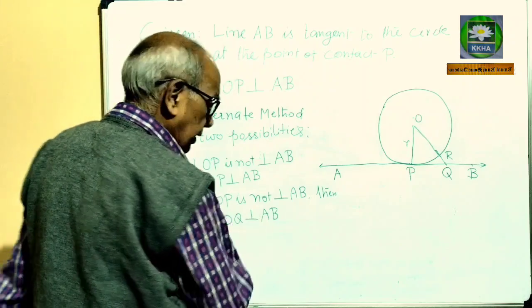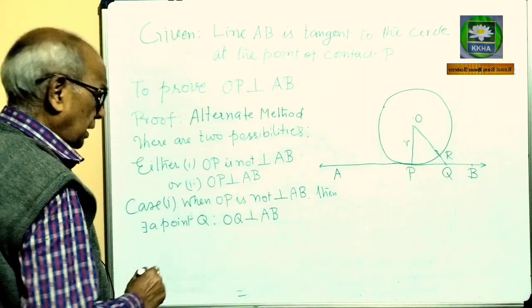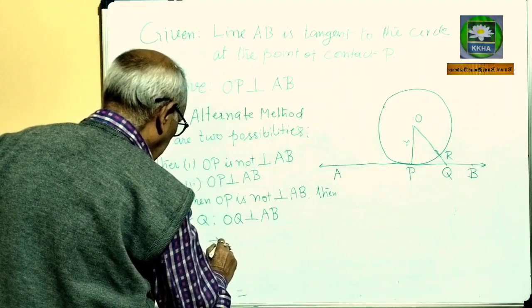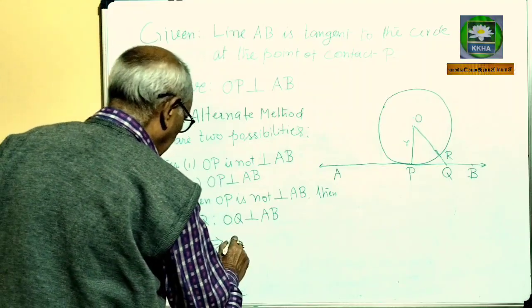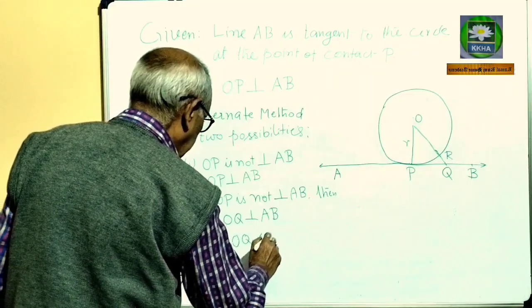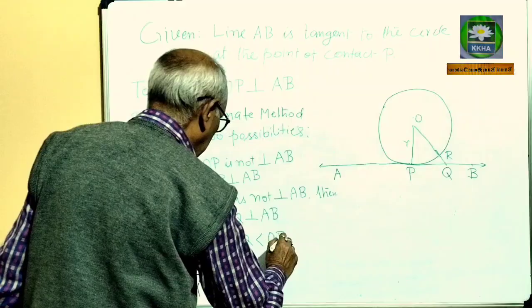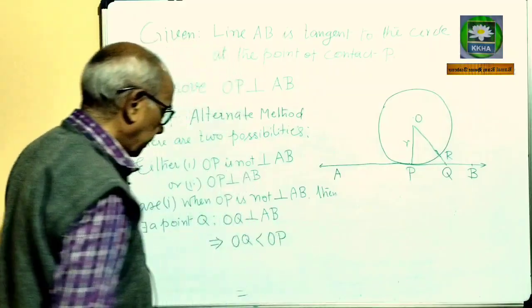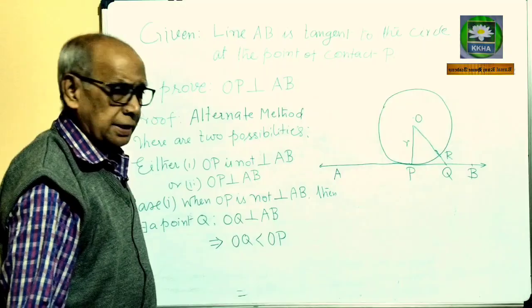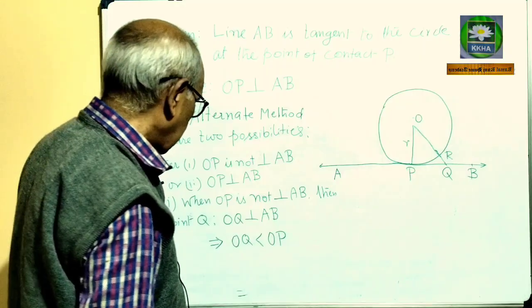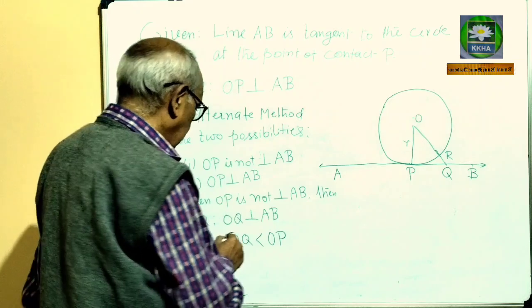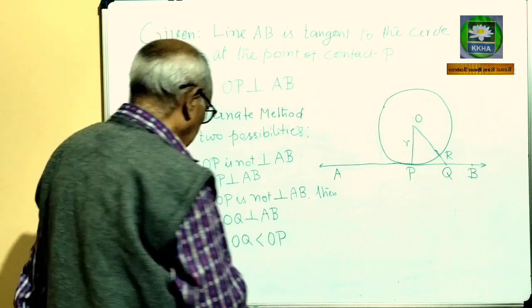Since OQ is perpendicular to AB, this implies that OQ is less than OP, because the perpendicular line segment is the shortest segment.